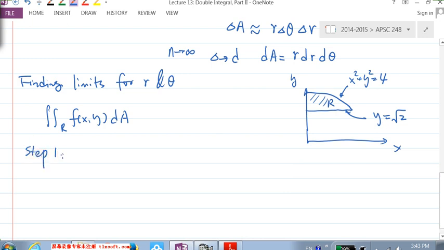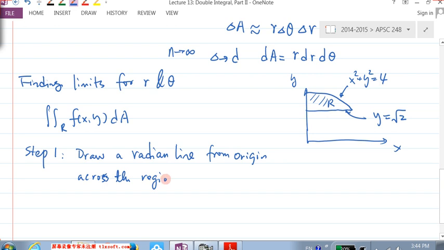What you do is draw a radial line from the origin across the region R. So here's what I'm going to draw.